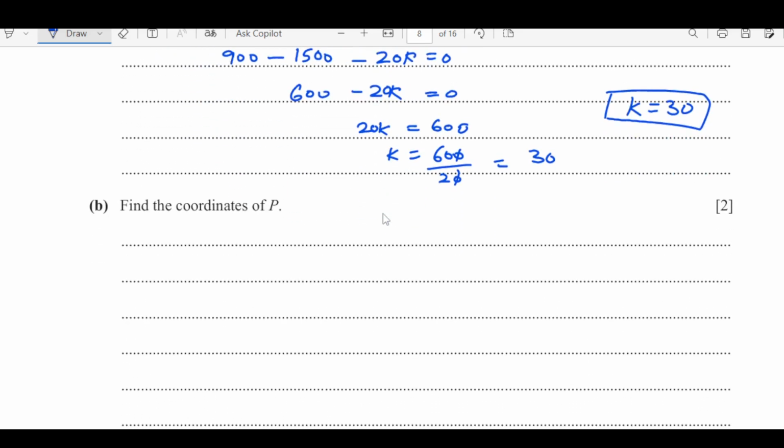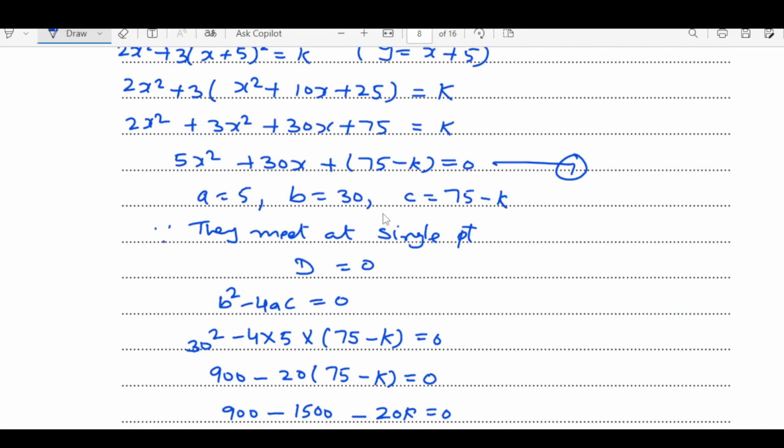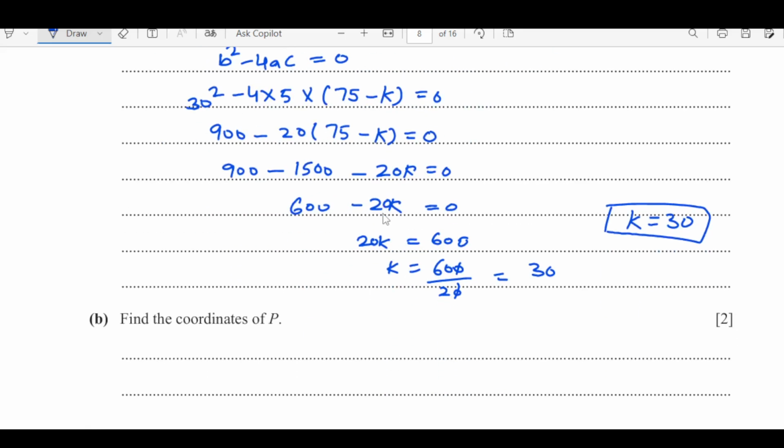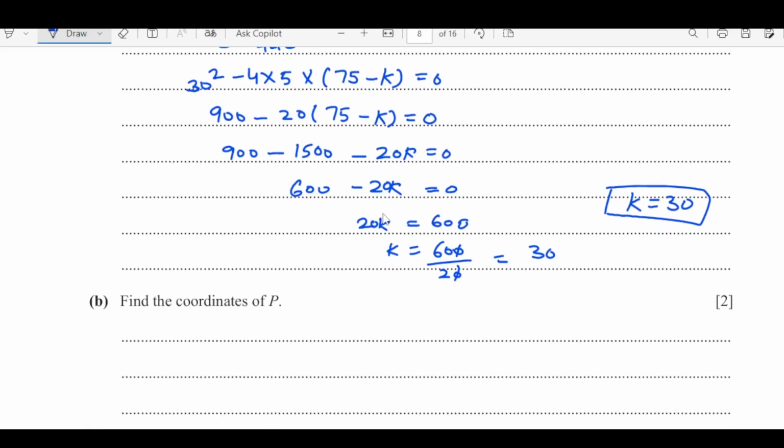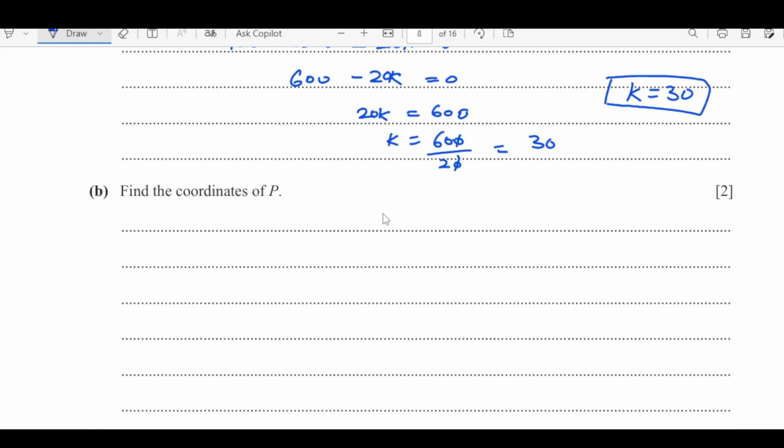Now, find the coordinates of P. For the coordinates of P we have this value of k, so we are going to substitute into equation 1. From equation 1, what do we have?